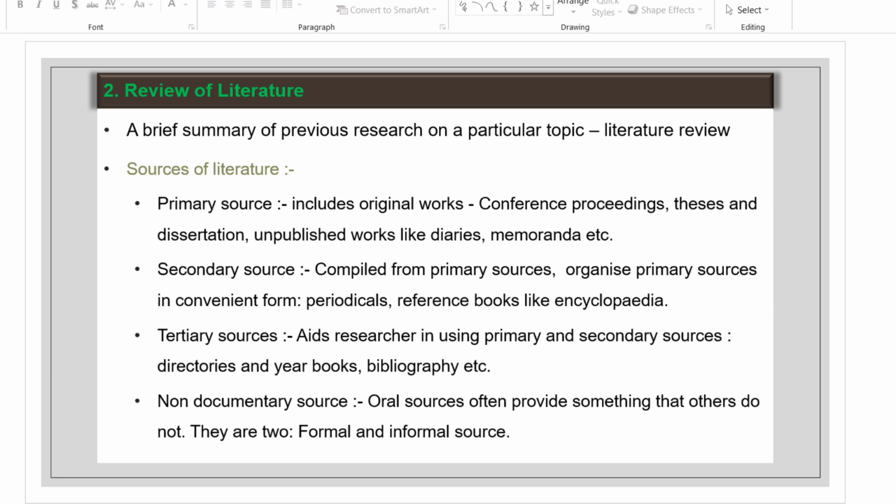Examples like directories and yearbooks, bibliography, etc. all comes under tertiary source. Last one is non-documentary source. This is something that we provide through our mouth, like through talking and all. Oral sources are the non-documentary sources. It can be two, formal and informal source. So while oral sources are used, we get something that others do not provide.